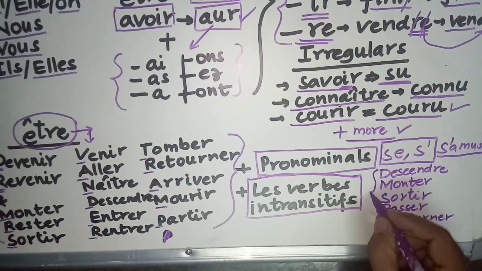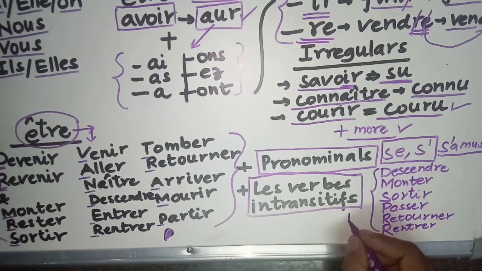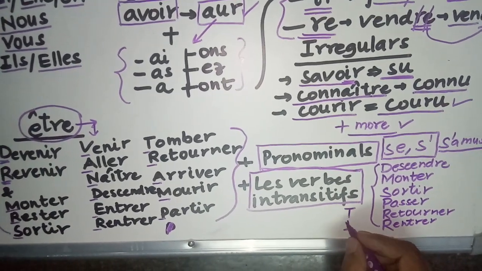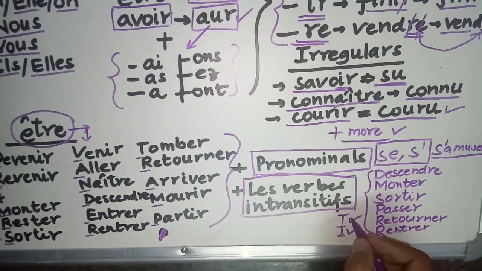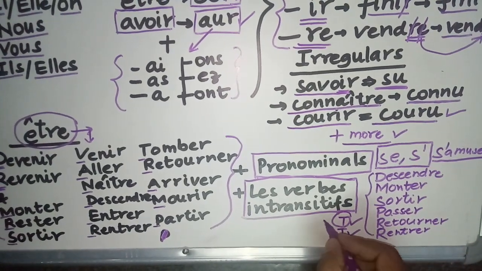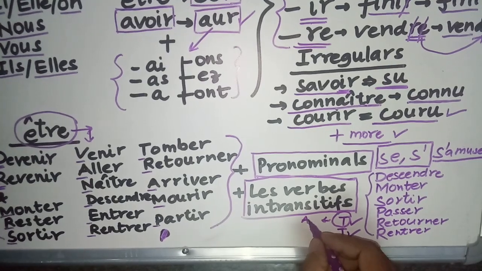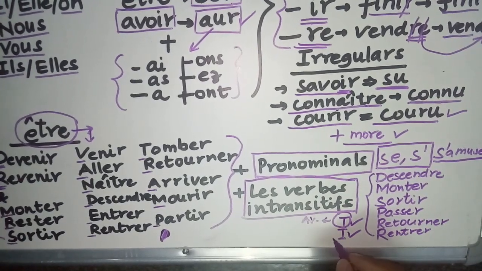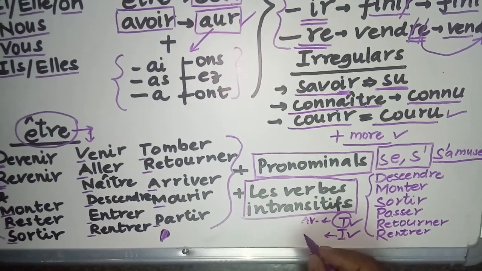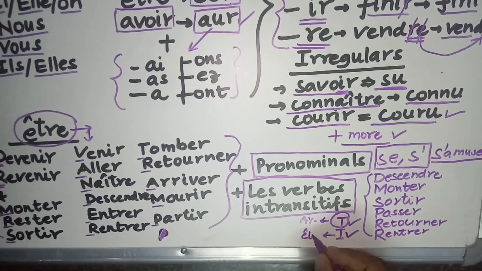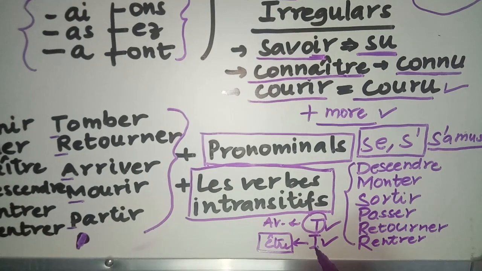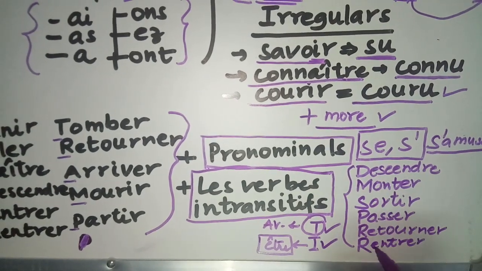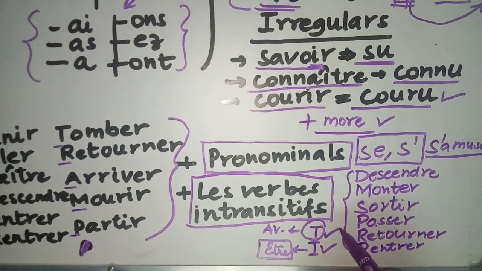So these 6 verbs go both ways, transitively and intransitively. When they are used transitively, we use avoir verb, but when they are used intransitively, we use être verb. So you have to take care that these 6 verbs go both ways.